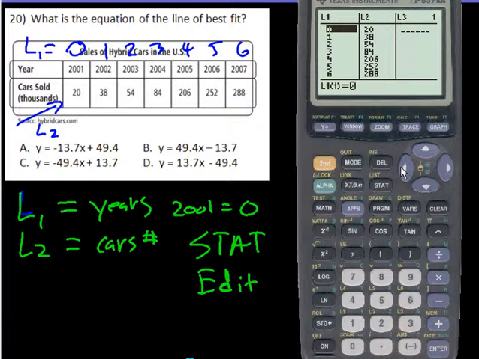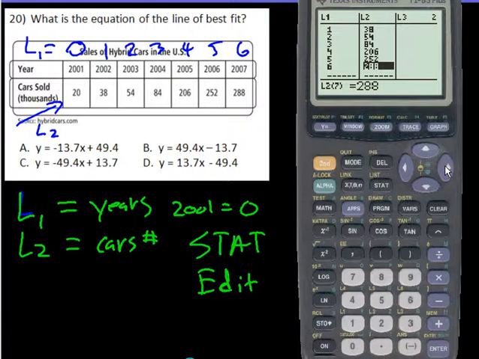0, 1, 2, 3, 4, 5, 6. Okay, I'm good, right? I didn't double enter. Some you might put 4, 5 in one entry, and that's going to mess things up. Over here, a good habit is instead of going up the same way is to go down. Start at the last one.